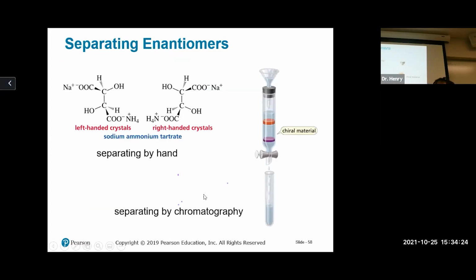Okay, so the way that we separate enantiomers. We talked about the concept of polarization. That's one way of doing it. The other way is separating by hand, or we could use separating chromatography. Because we know that we can polarize the moiety, we can use that polarization to run them and separate them on a column.